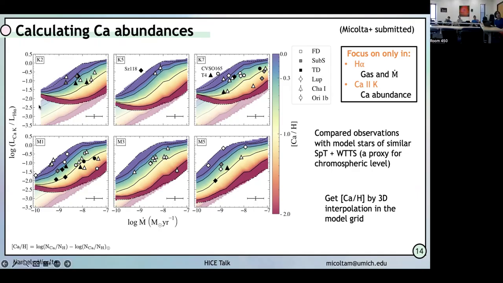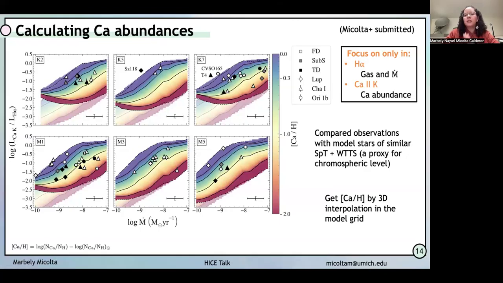So this is a very busy plot, so I will walk through it. I have the ratio of the lines on the y-axis. I have the accretion rate on the x-axis. In color, I have the magnetospheric accretion model. The lighter, washed-out colors are the models without chromospheric emission, and the brighter colors are the models with it.